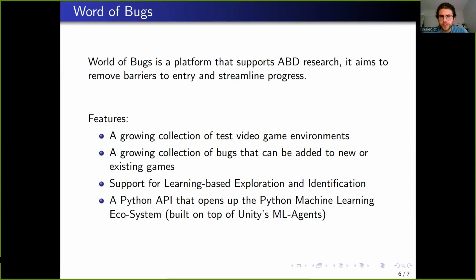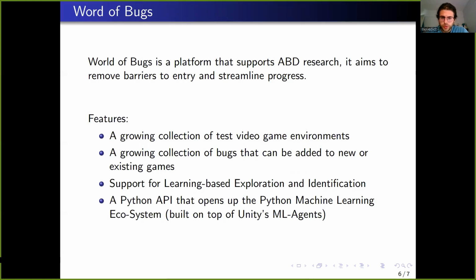The features currently in the platform: there's a growing collection of games. The games are really simple, so they're hardly even games. They're just simple test environments that an agent can walk around in and look around in and maybe solve a puzzle or something. And then a growing collection of bugs that can be added to new games that one might create, or to some of the existing games in the platform.